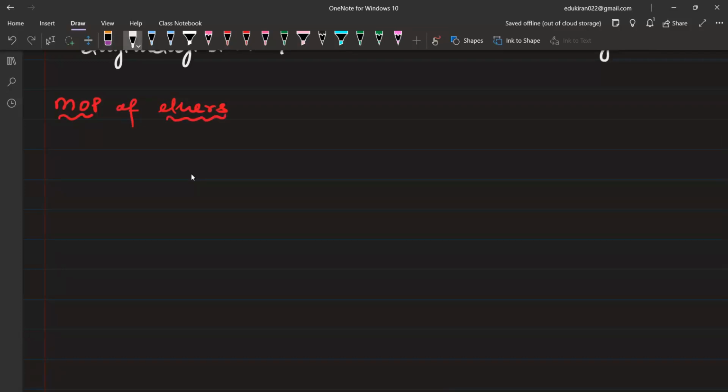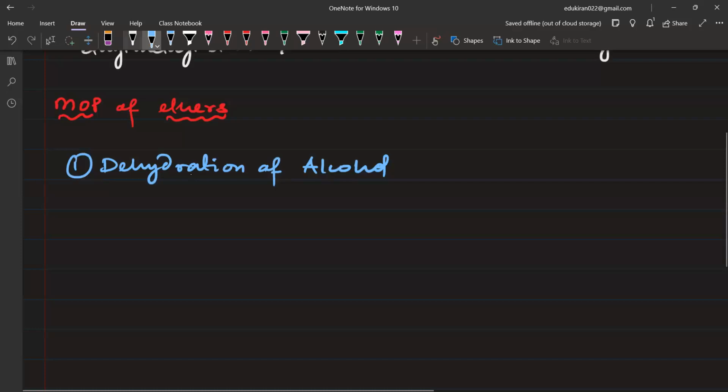Now, please see. First method of preparation is dehydration of alcohol. Now, in dehydration of alcohol, we have also seen this in the chemical properties of alcohol, but there we saw dehydration at higher temperature.